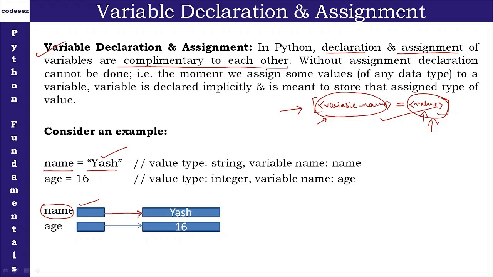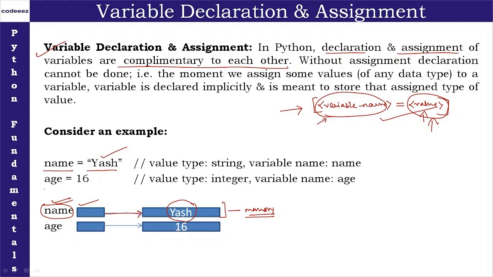Look here. The value Yash is stored in a block, and this block is created in the memory of a computer, that is in main memory, that is RAM. And this memory is being pointed to by the reference name. Now whenever we use the variable named name, we will get the value Yash.